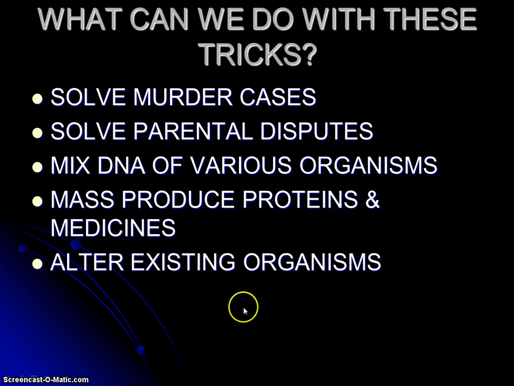Very interesting. In essence, we can really alter existing organisms. We'll be looking at this lastly in class through ethics and biotechnology: creating genetically modified organisms, or GMOs, which seems good on the surface, but maybe not always good.